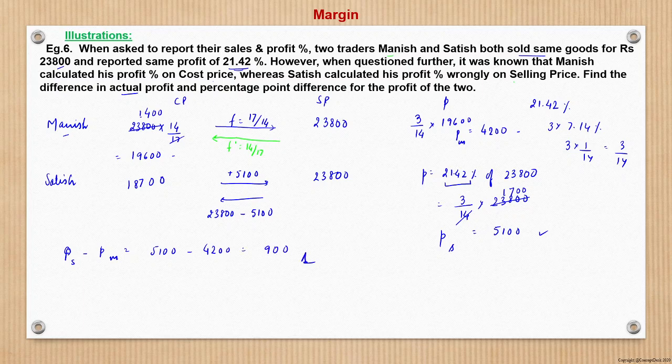This is the answer to the first part. And the percentage point difference of the profit of the two. Now see, the profit percentage of Manish is nothing but 21.42. He calculated correctly. Whereas the profit percentage for Satish we will calculate here. That is nothing but 5,100 upon 18,700, right? Or we need not even do that.